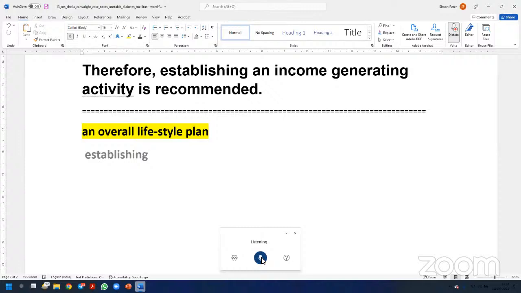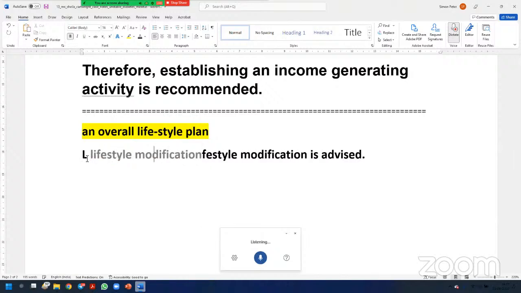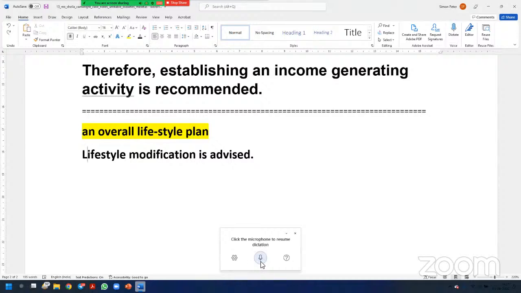Establishing lifestyle modification is advised. Lifestyle modification is advised.